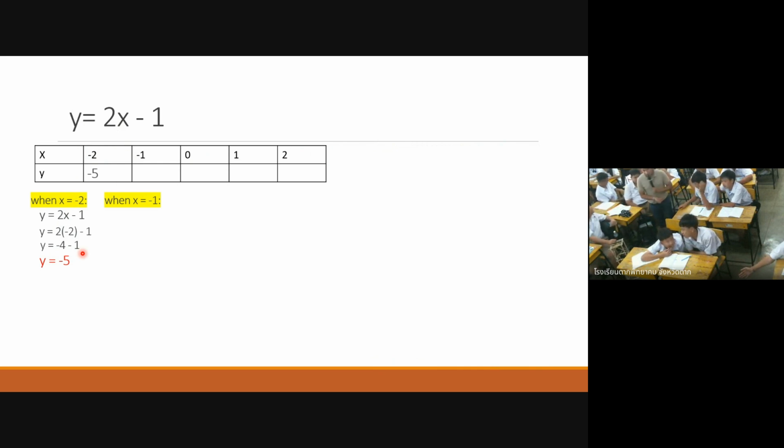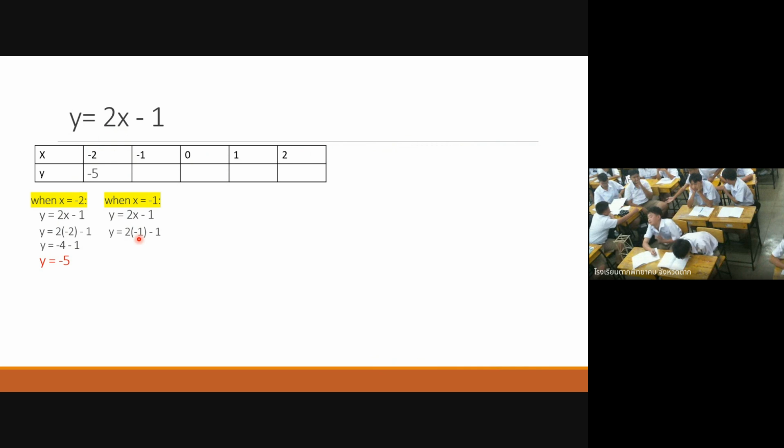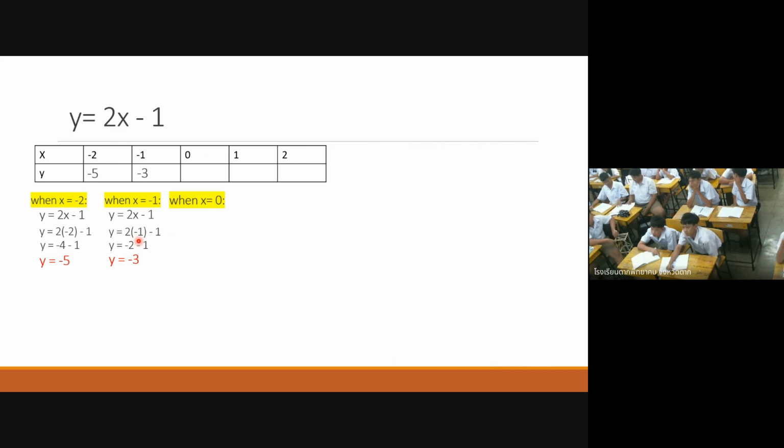Okay, the answer is negative 3. Remember, we're going to substitute. Again, this is our equation, right? So we're going to have 2 times negative 1 minus 1. What is 2 times negative 1? Negative 2. Minus 1. Negative 3. How about when x is 0? What's the value of y when x is 0?